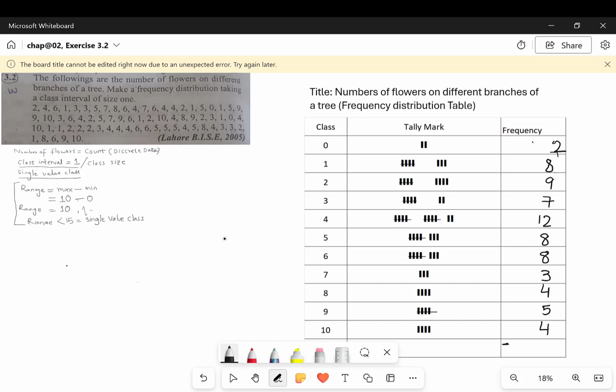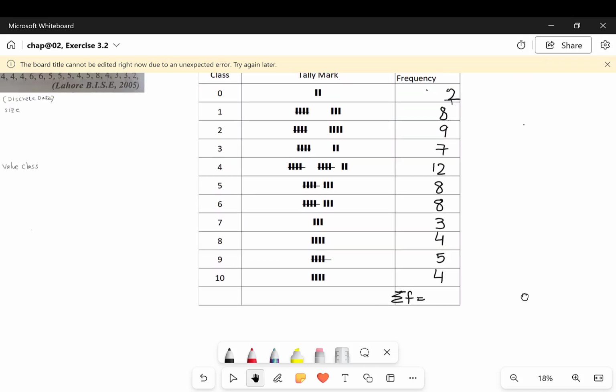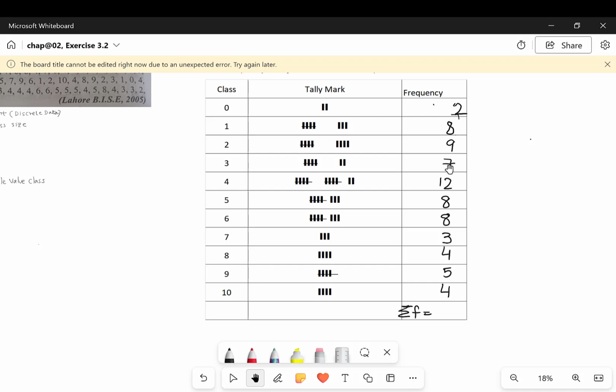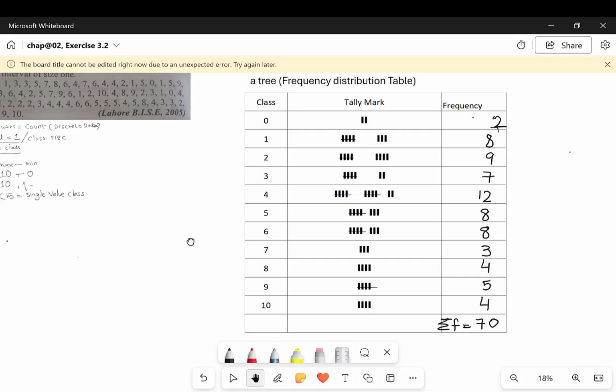In the end we will write sigma f. We will total all the frequencies: 2 plus 8, 9, 7, 12. So the total number of data values is 70. If you count the values given in this data, they are 70. It must match the sigma f when we add all these frequencies together.